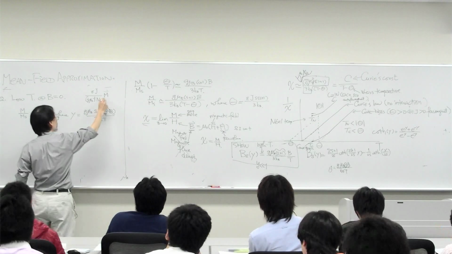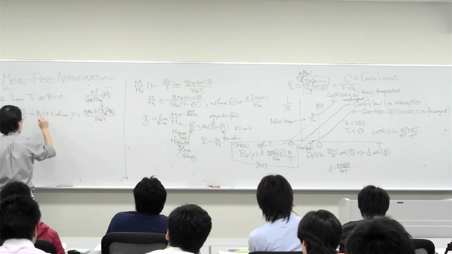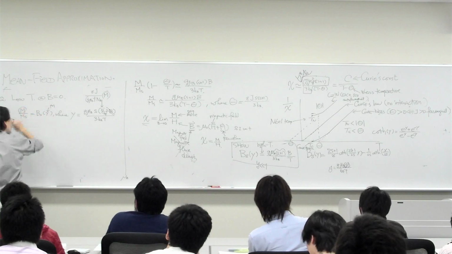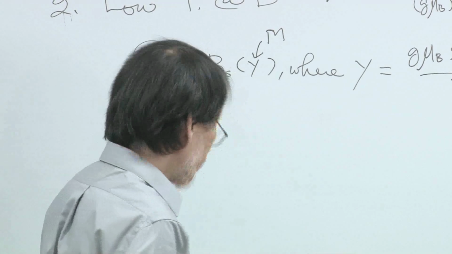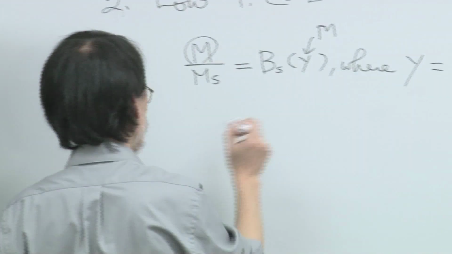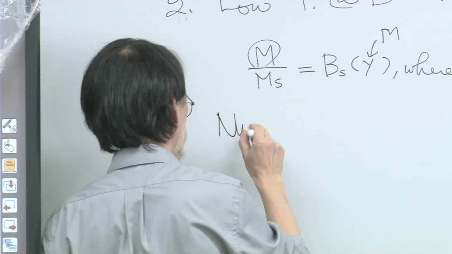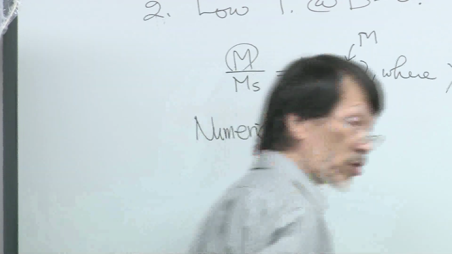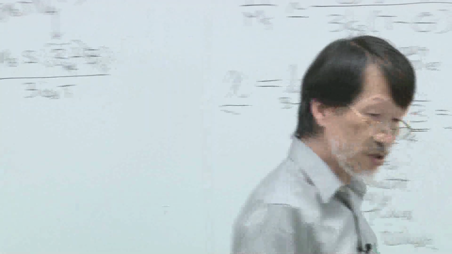So the M shows up here. In other words, this contains the magnetization M as well as magnetization is here. So you can solve this equation numerically. You can do a numerical calculation and find the solutions.